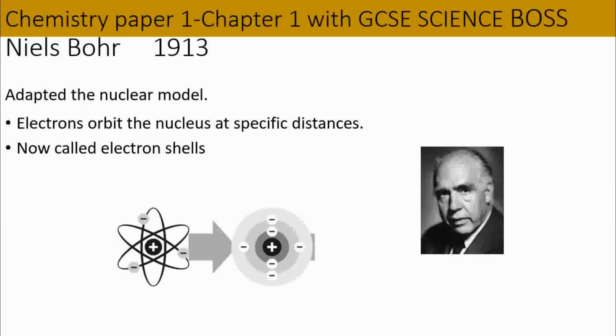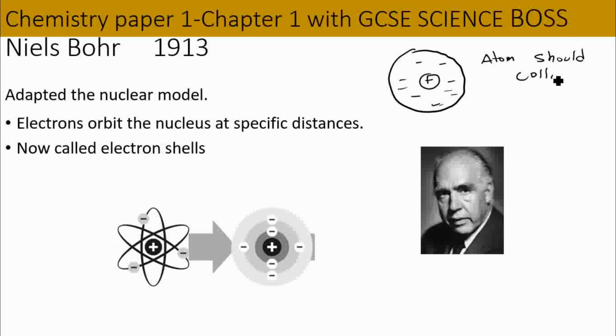Now, Niels Bohr then adapted that nuclear model. So we thought that the nuclear model was like this, with the electrons dotted around. But if that was the case, then the atom should collapse because of attraction.